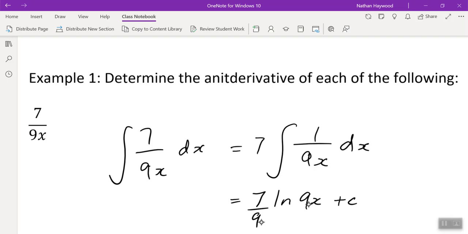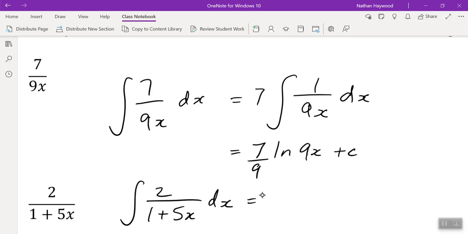So any questions? I brought the coefficient out the front. I also left it in front of the x, and the 7 is there. Bring the 2 out the front.